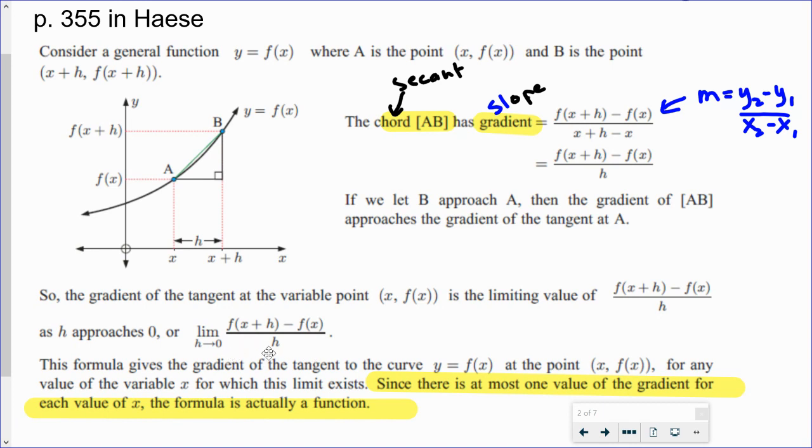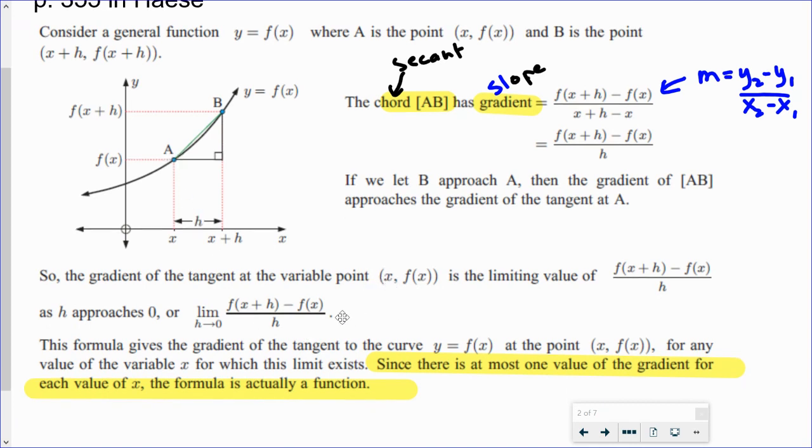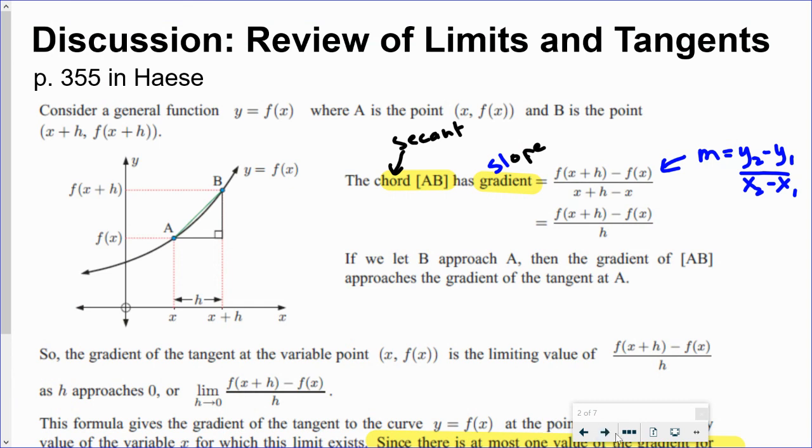When we do that, now we have a formula that helps us calculate the slope of the tangent at point A. Okay, and that turns out to actually be a function. If you'd like to review that in more detail, you can go to page 355.